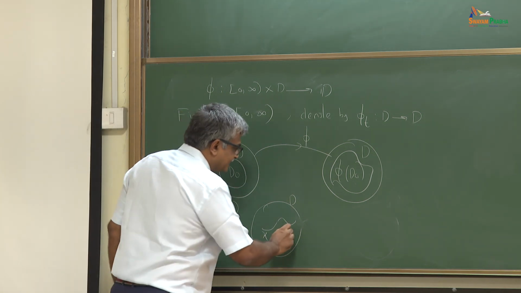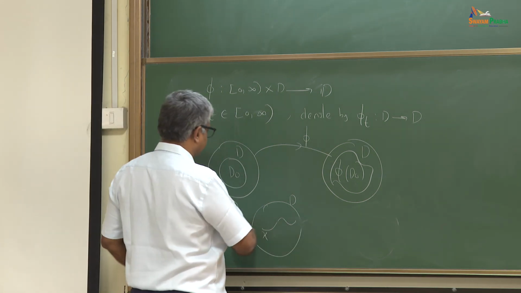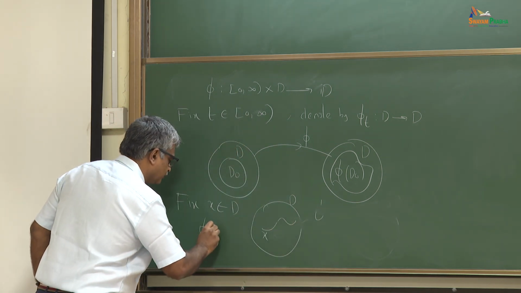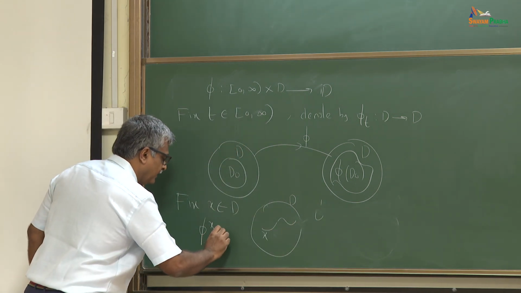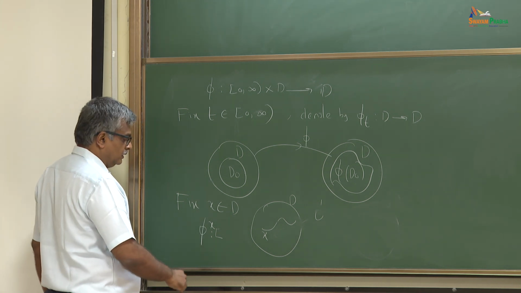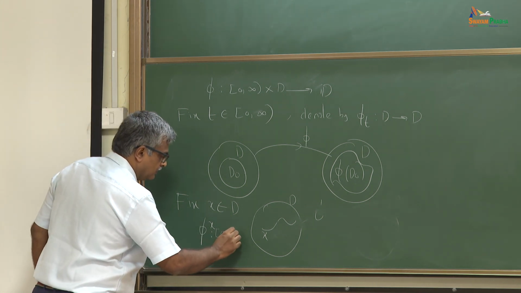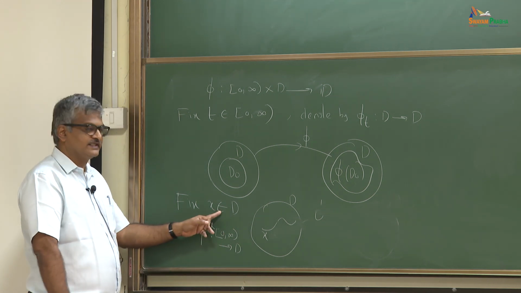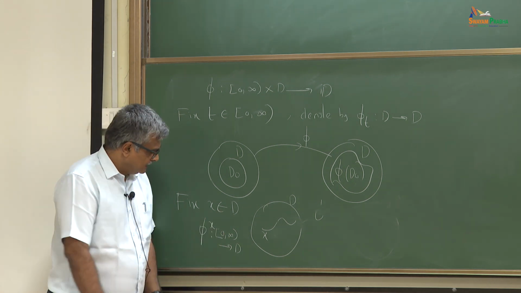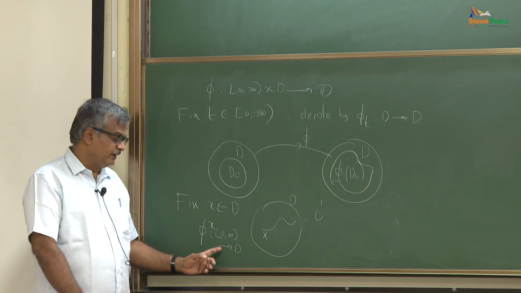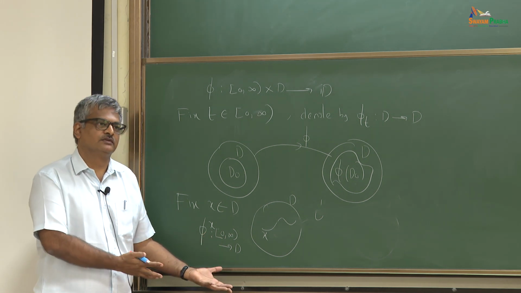So we'll denote this map by phi superscript x. Now this is a map from the interval of t to D because you have fixed x, right. So it takes t and gives you a point in the state space.